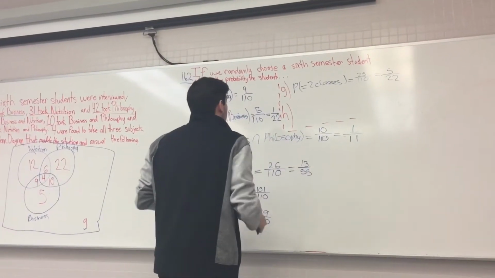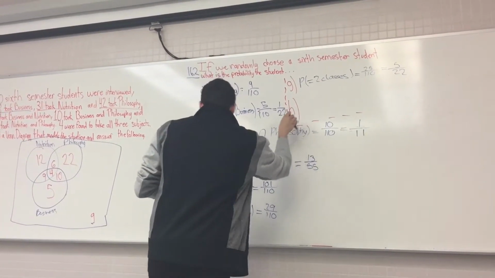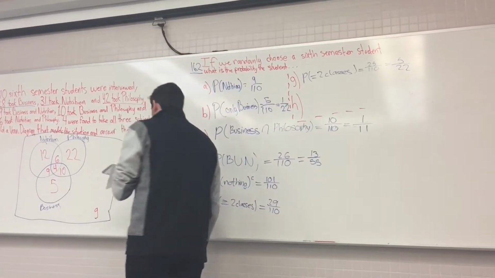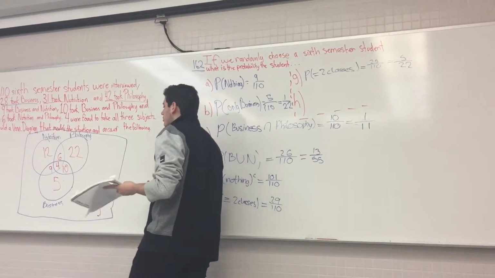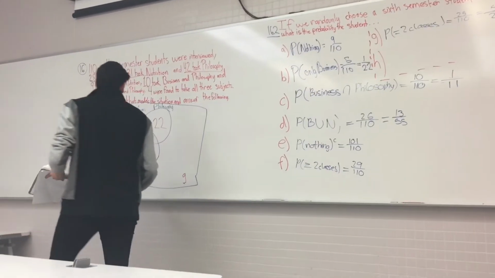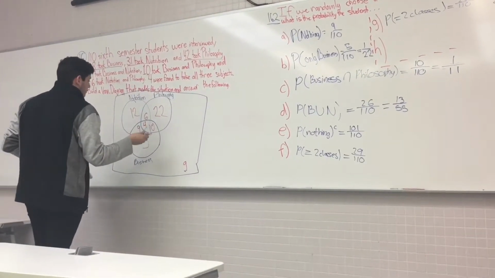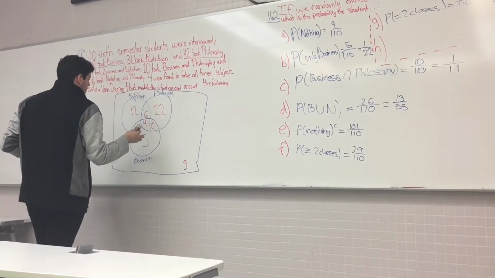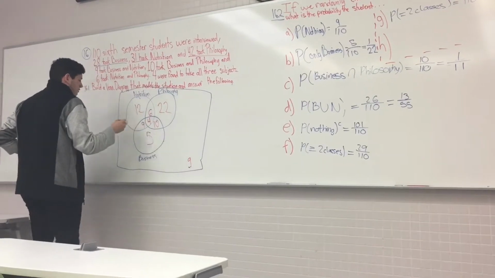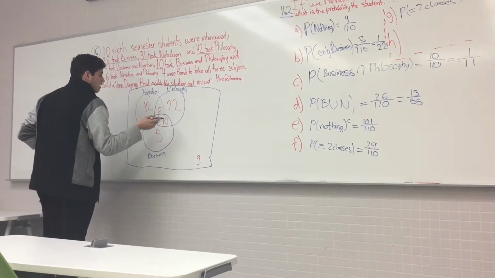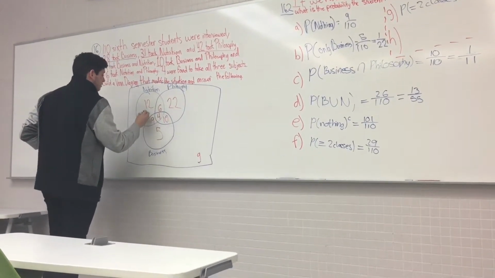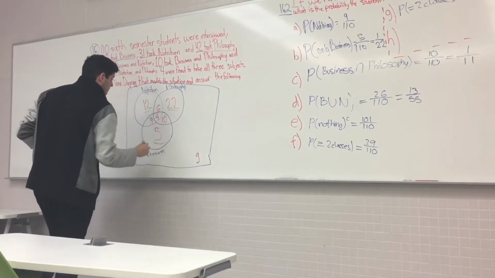Now for letter H. It asks us, students who took 1 course only. Okay, so look at the chart and focus ourselves on students who only focus themselves on 1 class. So it would be the 12, 22, and 5.